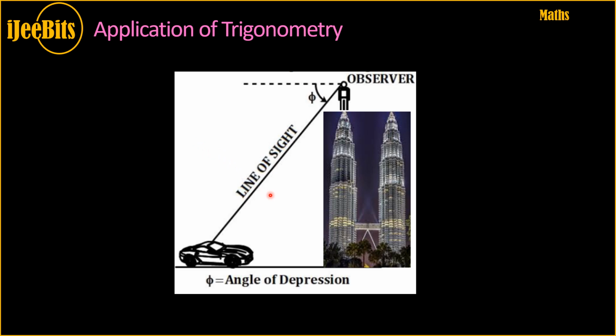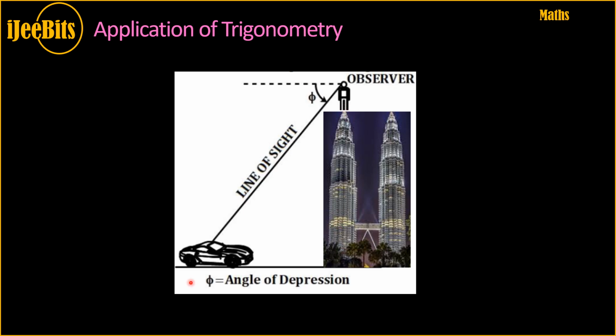One more example. Let's say you are standing on a tower and watching a car which is approaching the building, right? The observer, the line of sight, the angle of depression, and the right angle triangle formation, right?